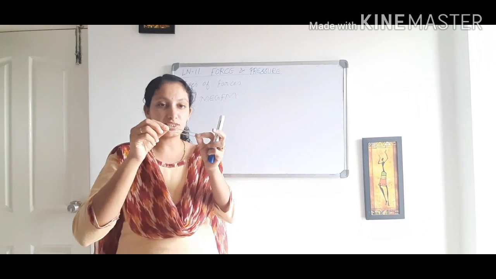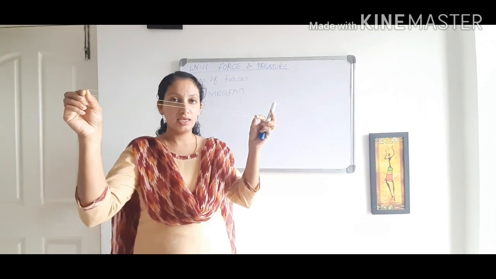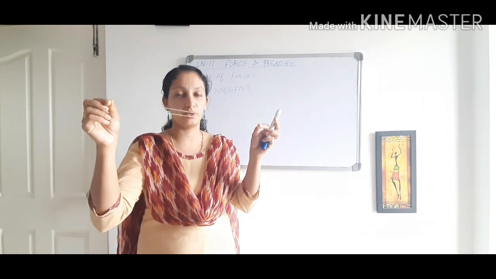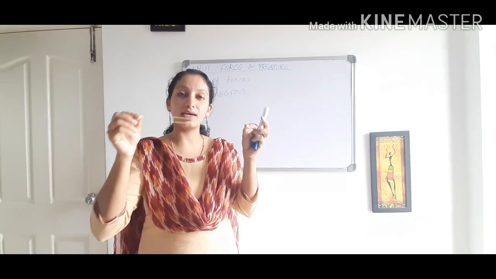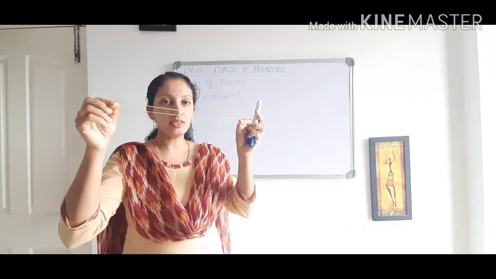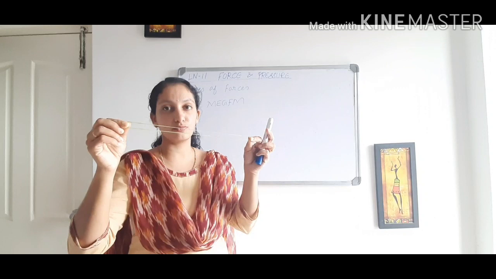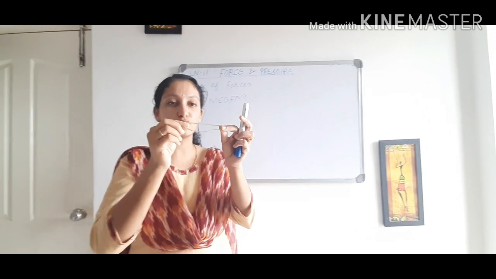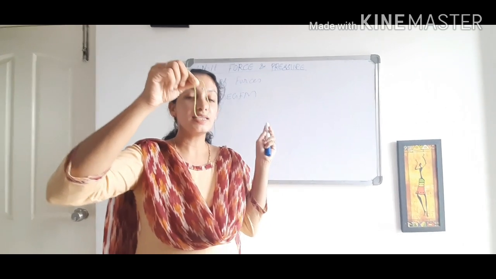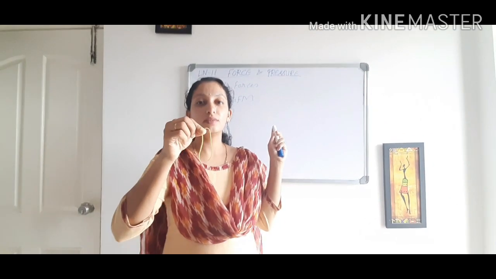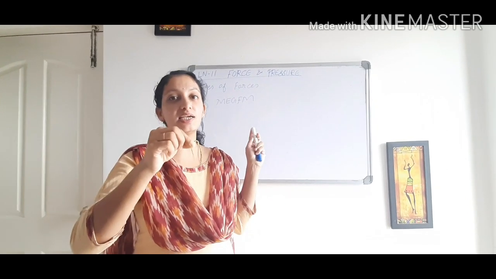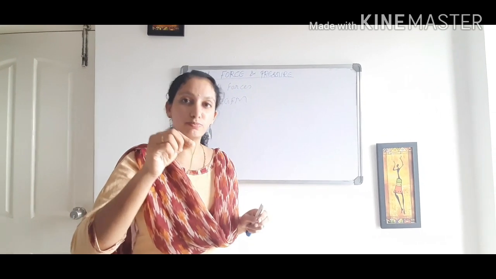Once I stretch this rubber band, it deforms its size and shape because of the force I have applied for the stretching. Once I release the force, it comes back to the original form. So this is an example of force changing the size and shape of an object.